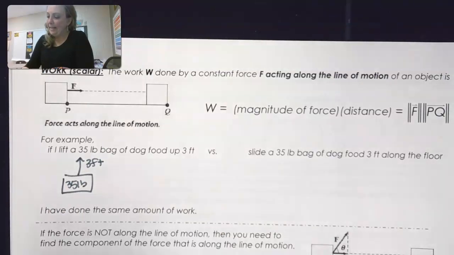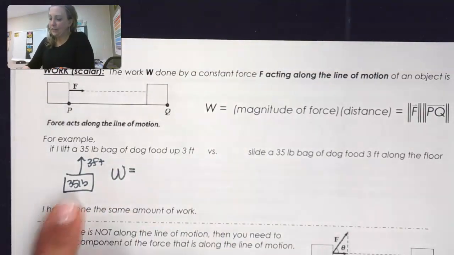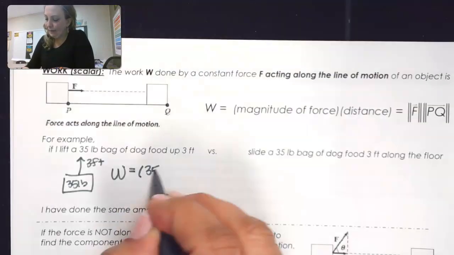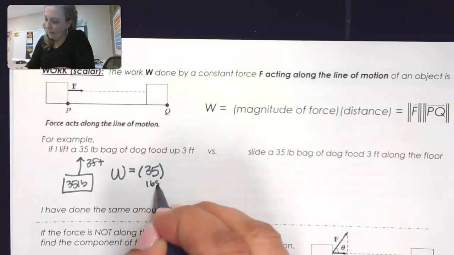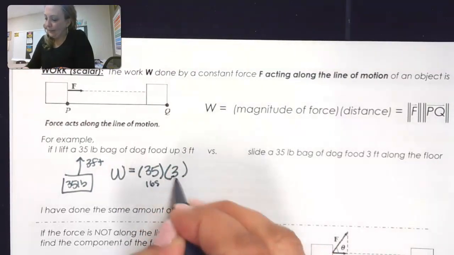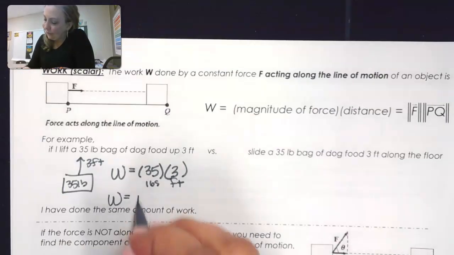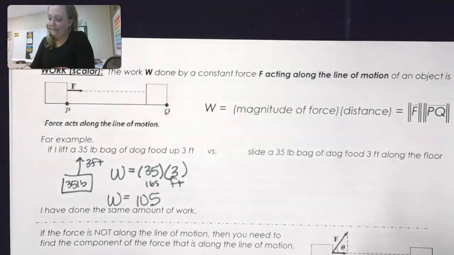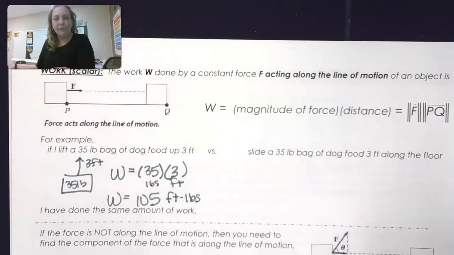That means your work is your magnitude of the force, which is 35 pounds, times the distance that you're moving it, which is 3 feet, and you multiply those together, and that will give you 105, and then the unit ends up being something called foot-pounds.